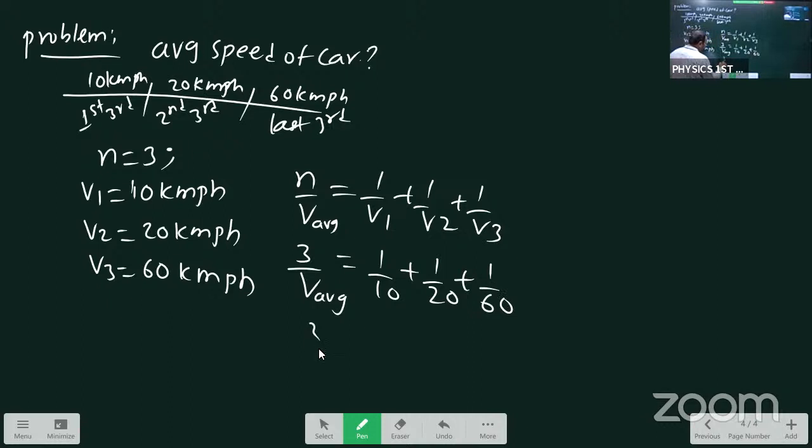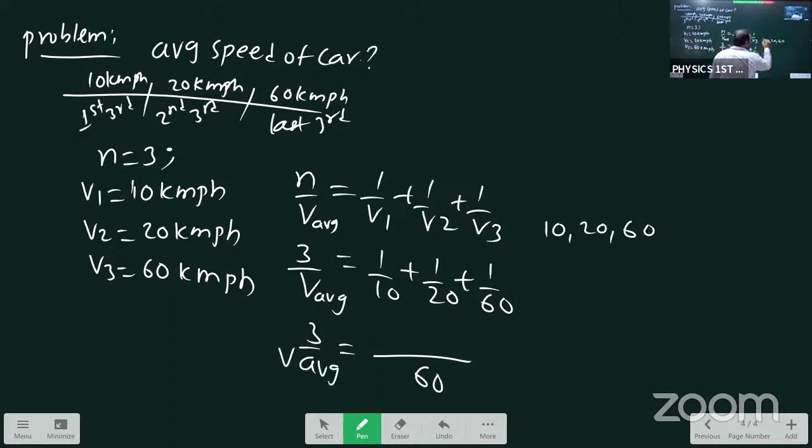So 3 by V average equals, here, 60. LCM you know already. Obviously 60 is coming, this LCM is our choice, directly write 60, students.